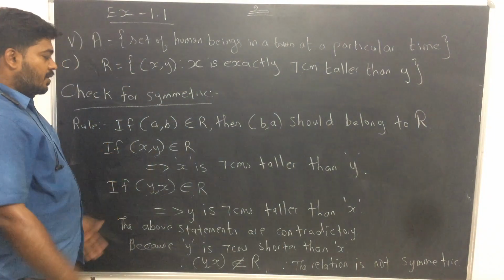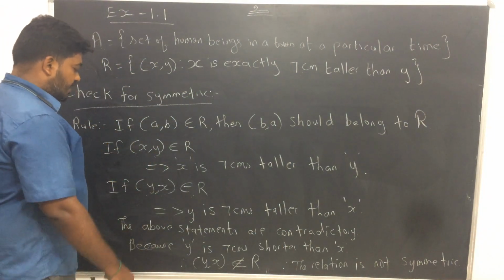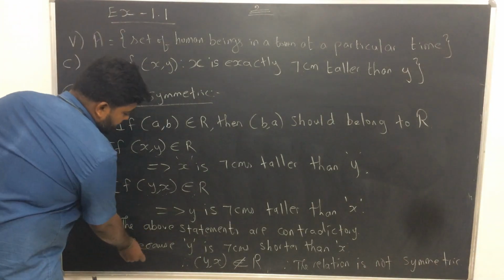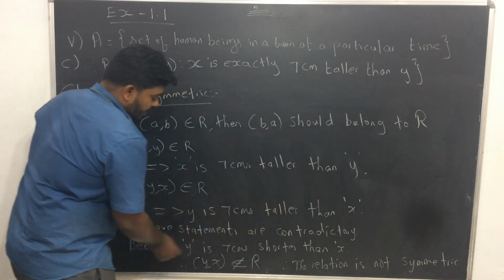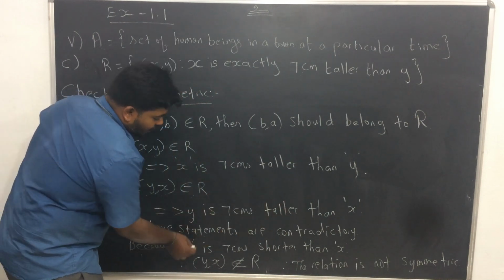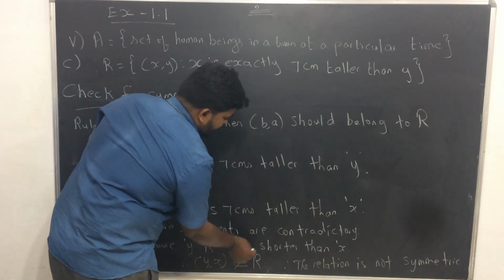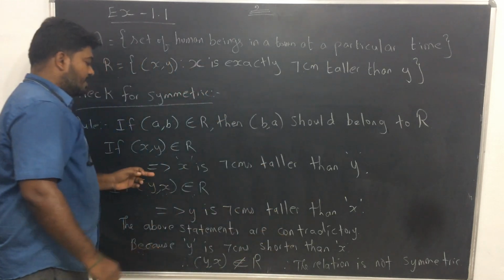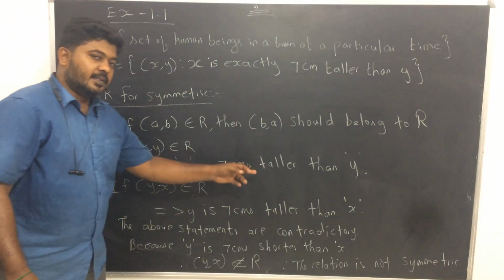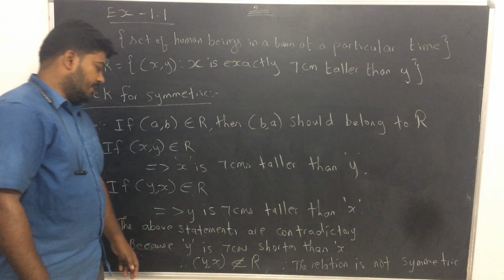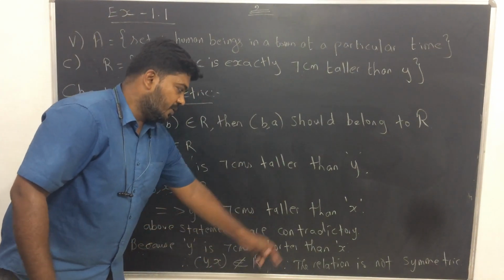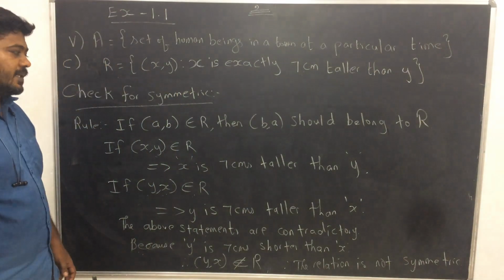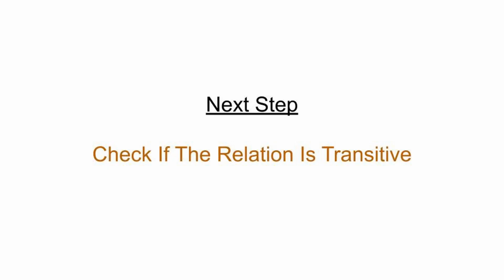They are not going in sync with each other. They are clashing, because y is actually 7 centimeters shorter than x as per this relation. Therefore, (y, x) will not belong to R. Therefore, this relation is not symmetric.